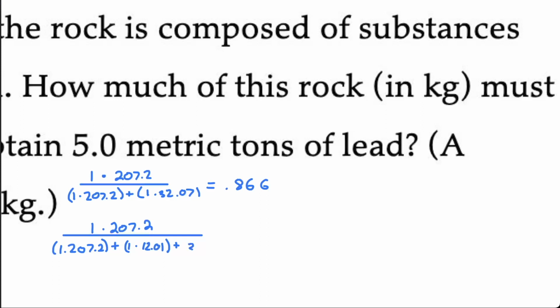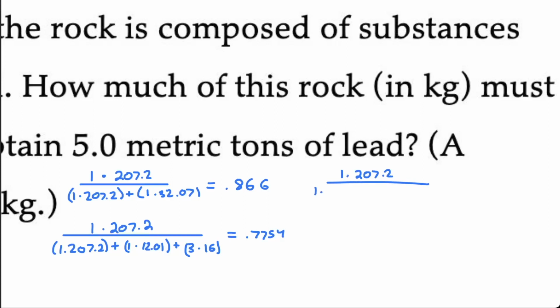There's 3, so 3 times 16. That is going to give us a decimal of 0.7754, so 77%. And then for the third one, lead 2 sulfate, we have, again, just one lead atom.